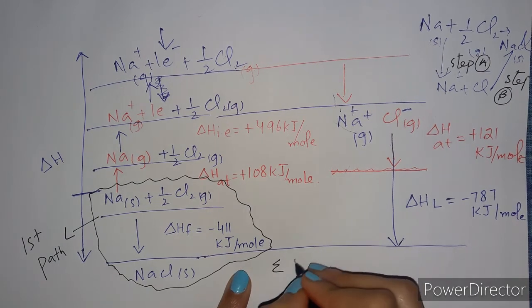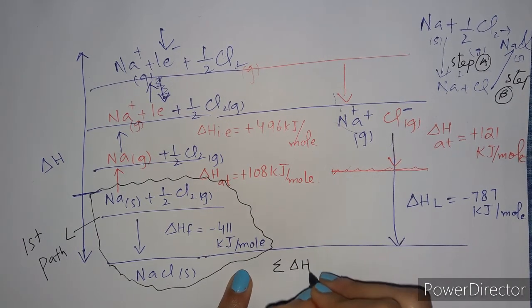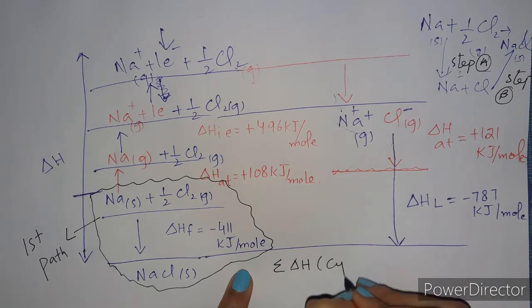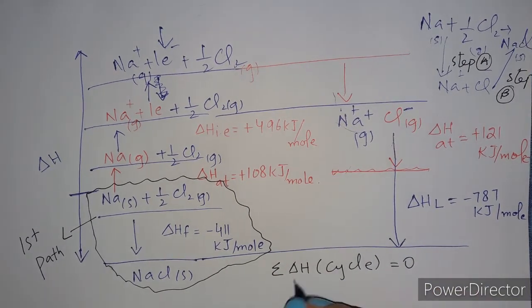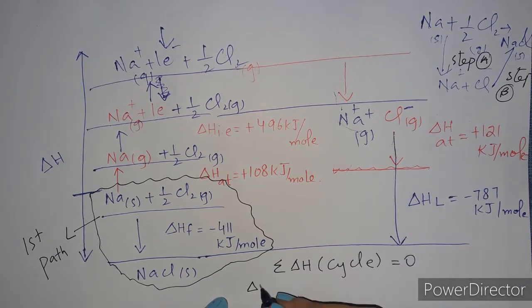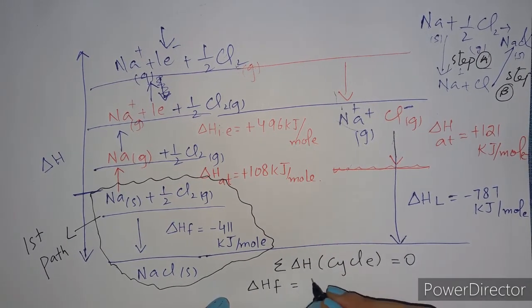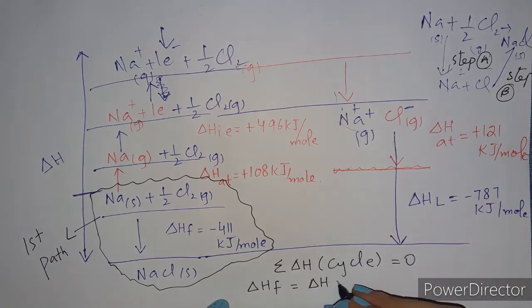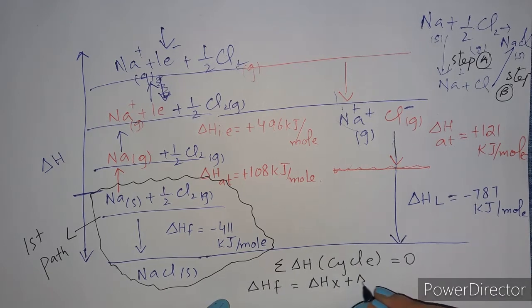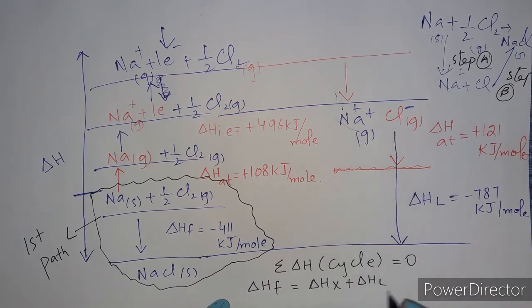The conclusion is that the sum of changes in enthalpy in the cycle is equal to 0. How is it equal to 0? Enthalpy of formation is equal to del Hx plus del HL.